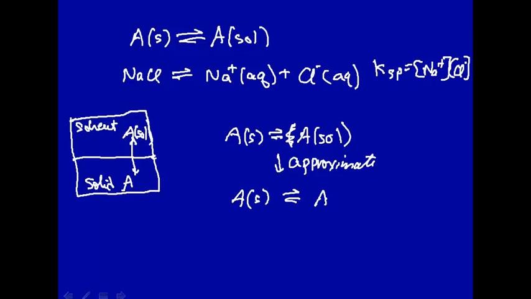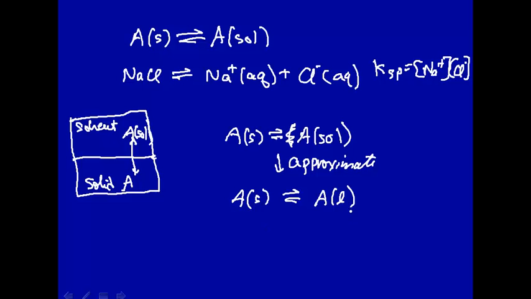So now you have A as a liquid. That's a pretty big approximation. We're assuming ideal solutions and everything else, but let's see what we can do if we make that approximation. So A, when it's solvated up here, is just like a liquid. So A would be in a liquid mixed in with a solvent liquid. So it would be like a liquid-liquid equilibrium. So really, thermodynamically, what controls this is the enthalpy of melting or fusion. So that's the approximation we're going to make.